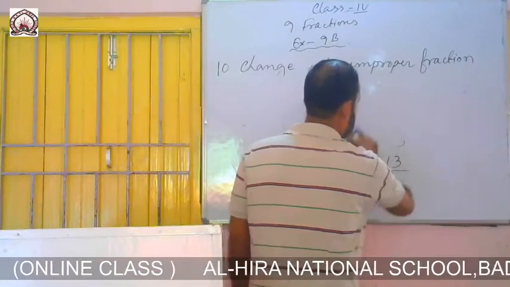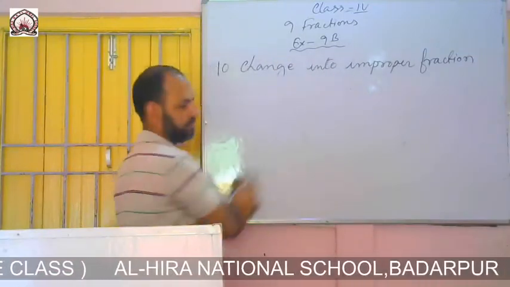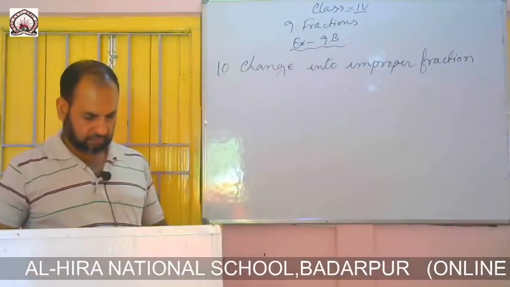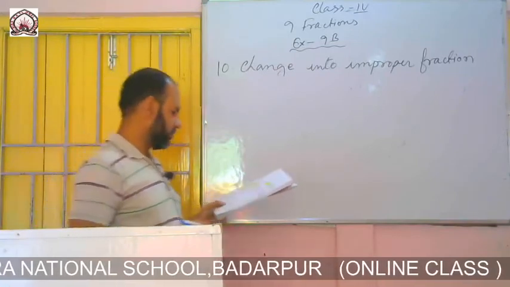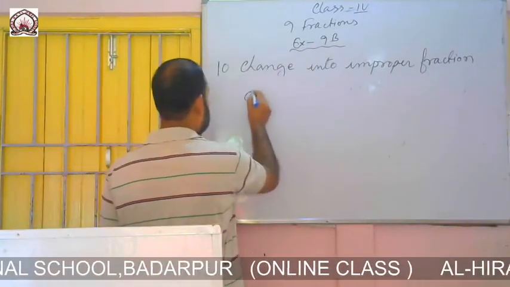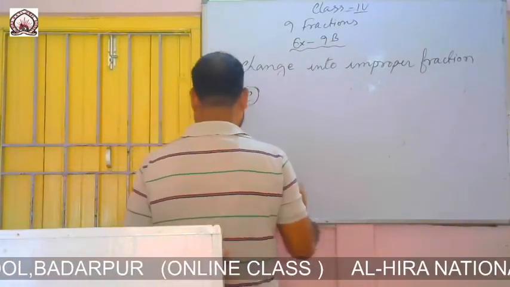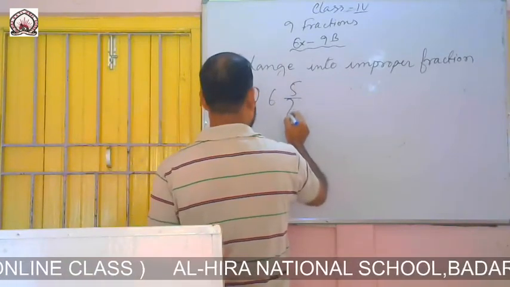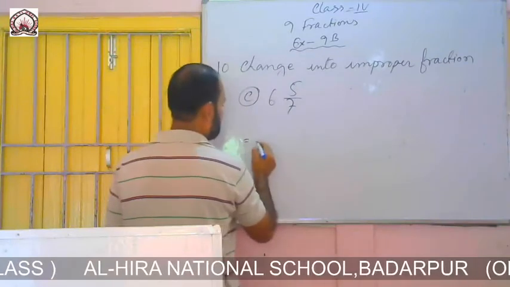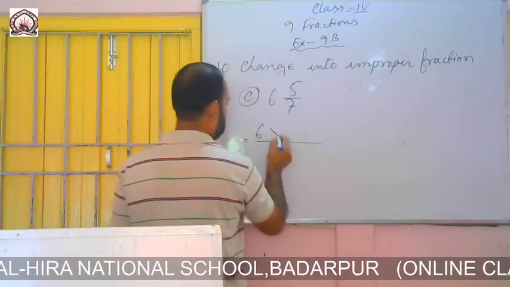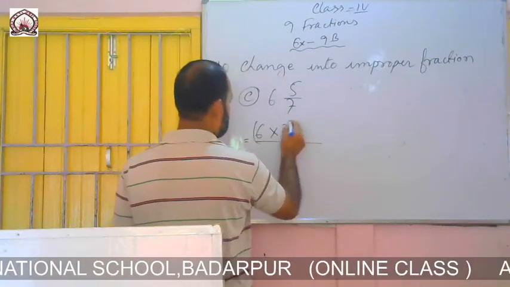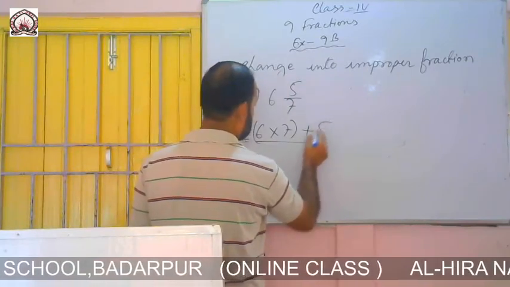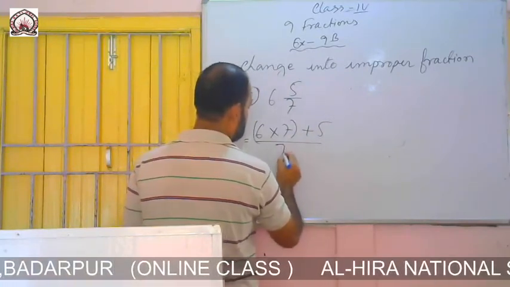Next, question number C. Question number 10C. 6 5/7. So the rule is 6 into 7 plus 5, over 7.